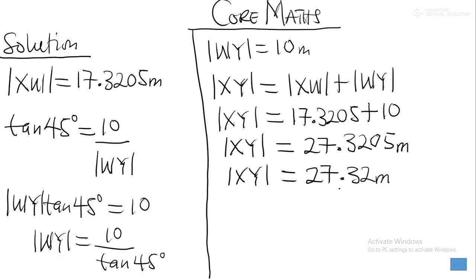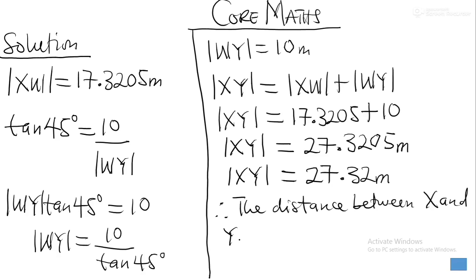So we can conclude that therefore the distance between X and Y is 27.32 meters. Good.